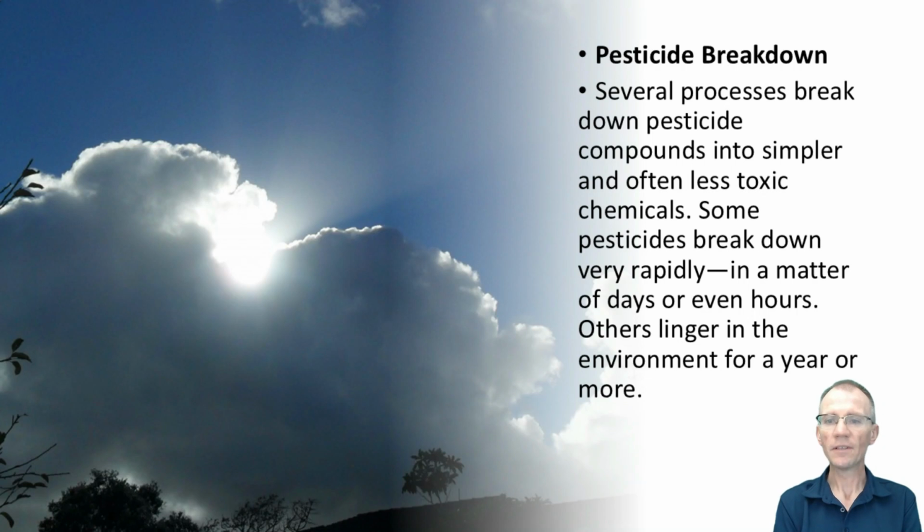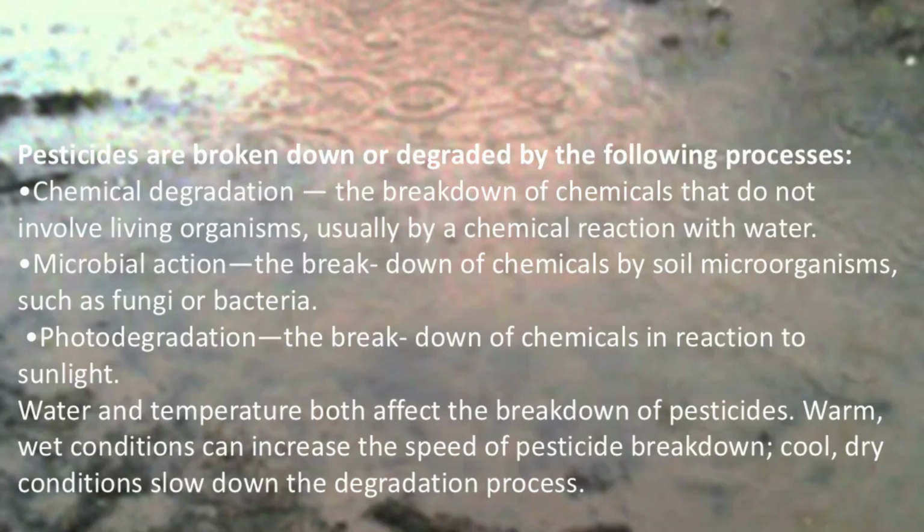Pesticide breakdown. Several processes break down pesticide compounds into simpler and often less toxic chemicals. Some pesticides break down very rapidly, in a matter of days or even hours. Others linger in the environment for a year or more. Pesticides are broken down or degraded by the following processes.